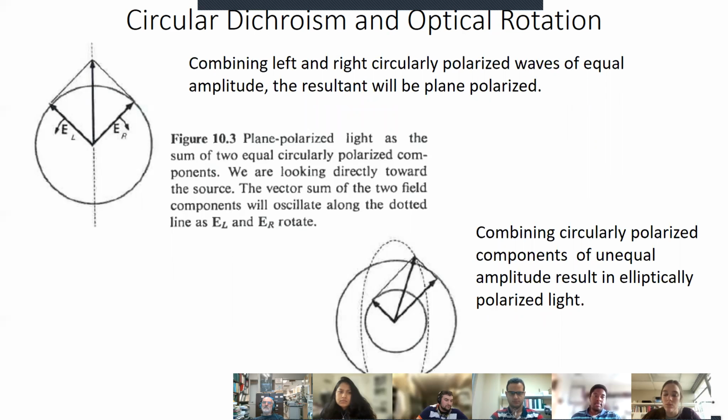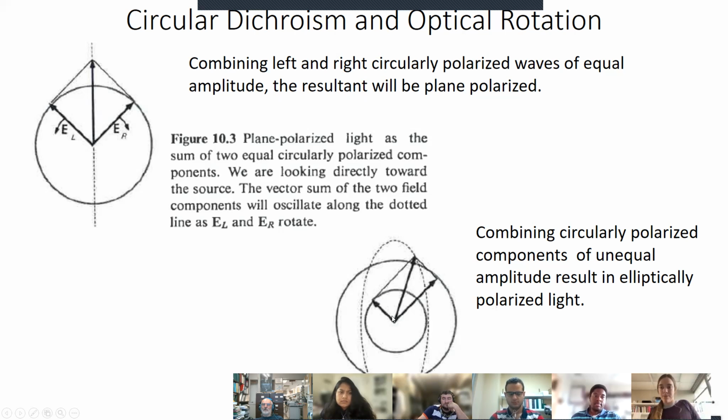All right. So this is showing this in more detail, that you can have right circularly polarized light or left circularly polarized light. If you combine them in equal quantities, equal amplitudes, the amplitude corresponds to the size of the E vector, then these two waves would cancel one another and produce light polarized in the average dimension. Okay.